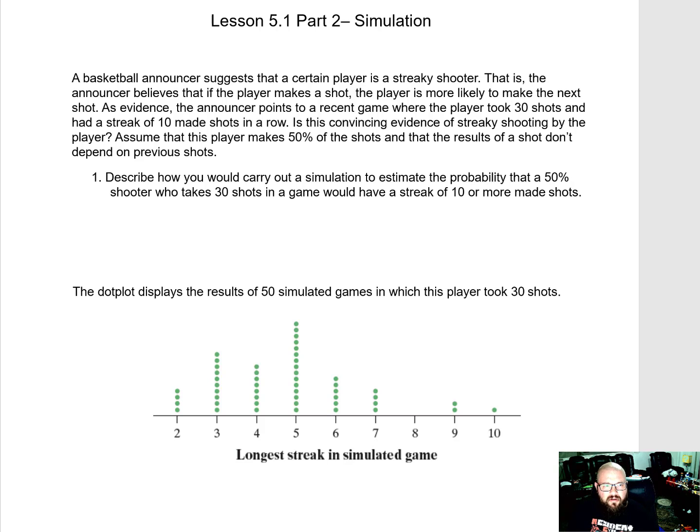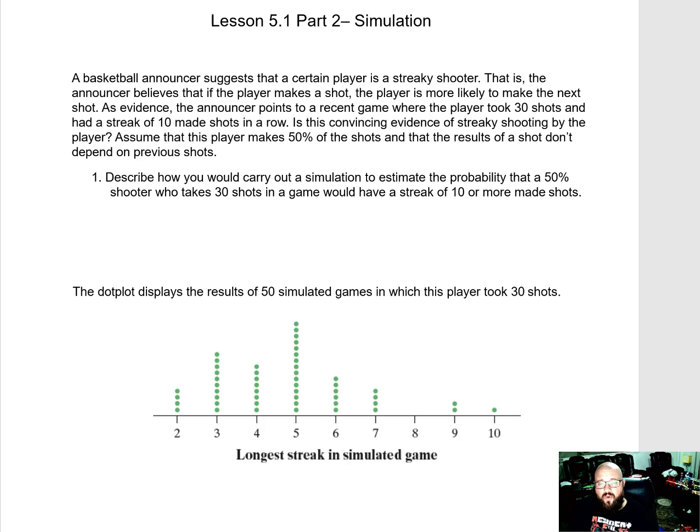Well, we could use a random number generator, that'd be fine. But something that's simple, if we want to do this really quick and easy, how about flipping a coin? You've got a 50% chance of getting heads or tails, right? So let's go ahead and do this. Let's flip a coin 30 times, since it wants 30 shots. We'll flip a coin 30 times and assign heads to making a shot and tails to be a miss.